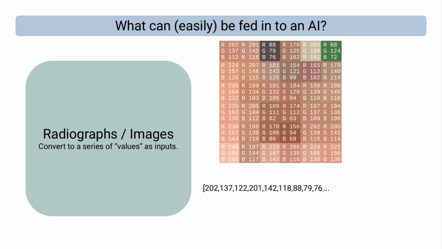But it depends on how you want to do your calculations. There is no right answer, or always consistent answer on how you want to convert an image for AI. But at the end of the day, you need to give that AI values. And the way you give the AI a bunch of numbers is by giving it the individual pixel values.